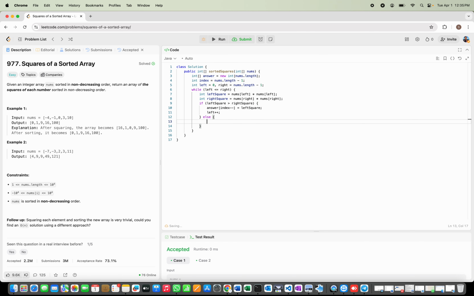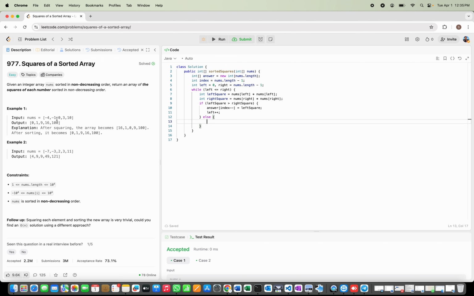So there could be two cases. They could be equal, or the right could be greater. In both cases we could do the same thing for both cases, because naturally, if they're both the same, one's going to increment or decrement, right?